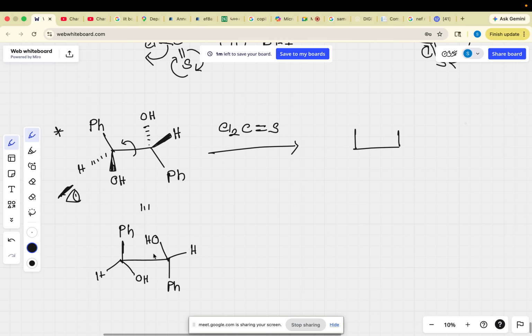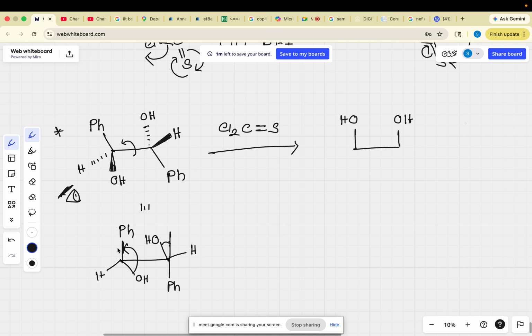Now rotate in such a way that OH should come in syn position. Okay, that you have to rotate like this. Suppose I am rotating by 60 degrees for this OH, and this OH I am rotating by 120 degrees. So at that time what will you get? This OH is coming here, this OH is also coming here.